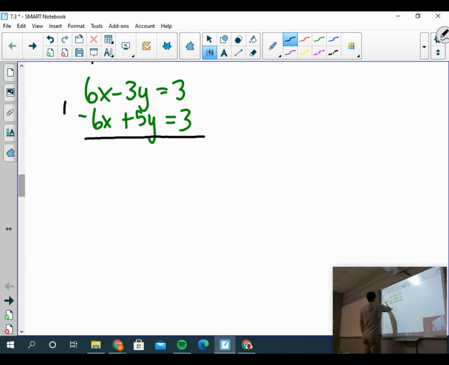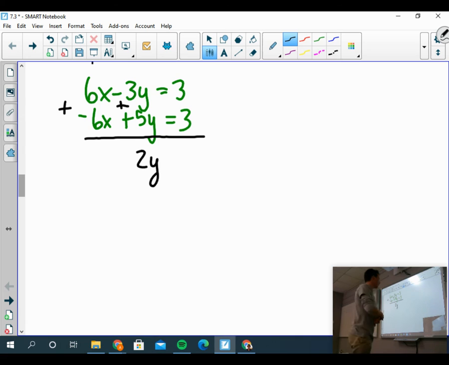So I add the left sides of the equation together. 6x minus 6x gives me 0. Negative 3y plus 5y, I also want to add together because I still want to have the y variable, because now I can figure out what it is since the x's canceled out.